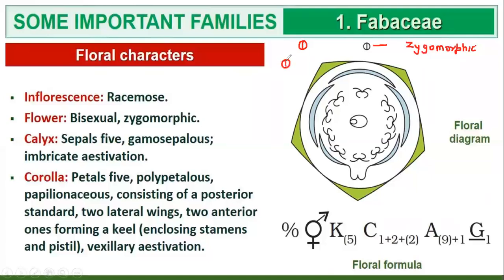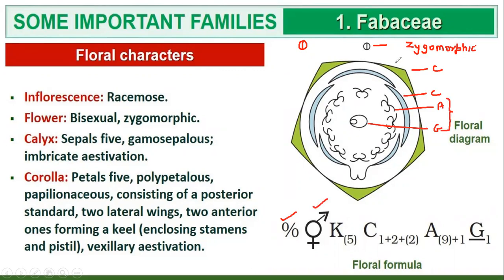If there had been a circle and a plus, I would have called it radial symmetry or an actinomorphic flower. But here it is zygomorphic, bilateral symmetry. It shows the presence of calyx, corolla, androecium, and gynoecium. Since it has androecium and gynoecium together, I can say it is a bisexual flower.